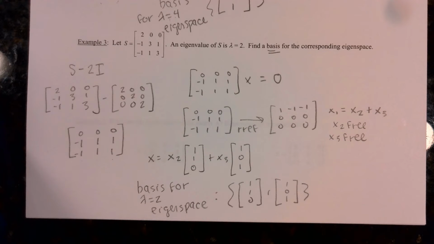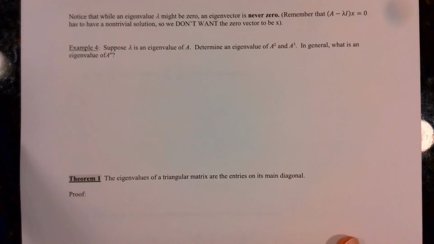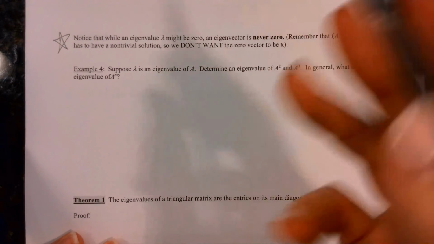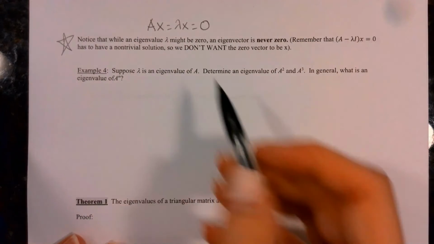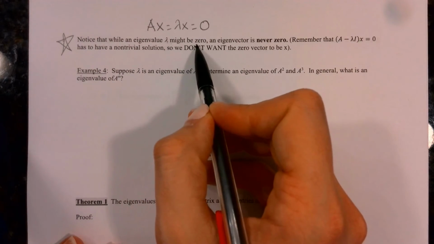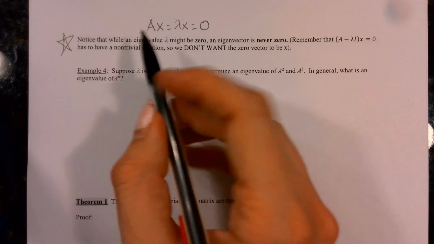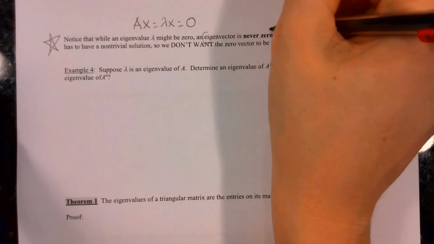Now, a couple more short things, and then I'll leave with some example problems because I don't want to go through all of them. Key point, this is a big star here: an eigenvalue lambda might be 0, meaning Ax equals lambda times x with lambda 0, which would just be solutions to Ax equals 0 without changing A. But an eigenvector is never 0.